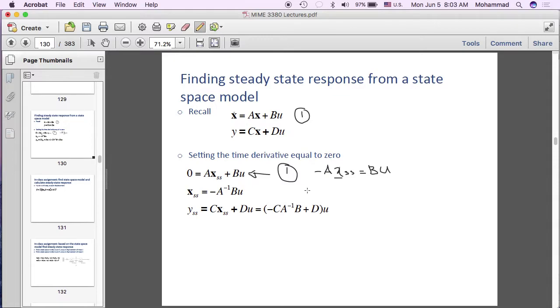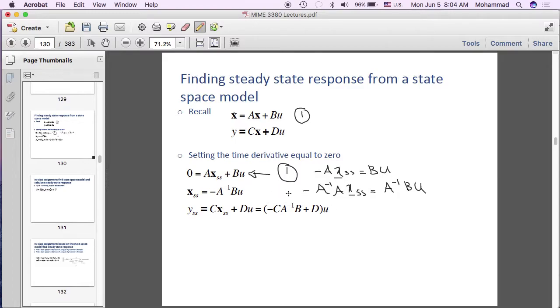So this becomes minus A inverse times A times x steady state is equal to A inverse times B times u. So A inverse and A cancel each other. So what will be left is this.